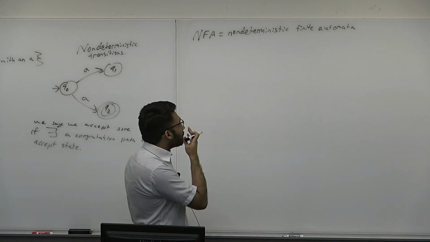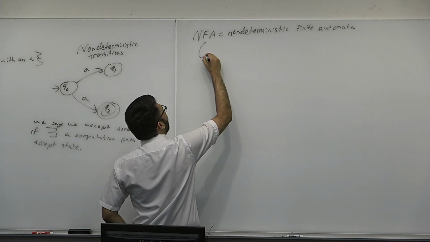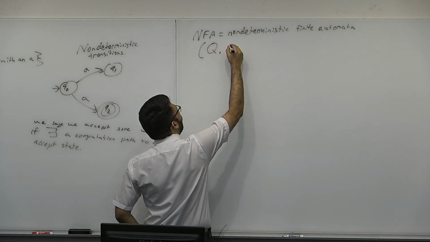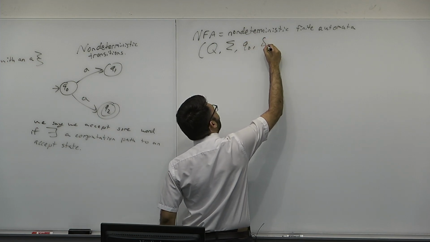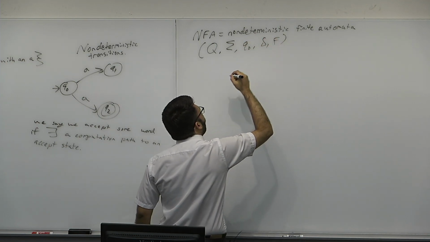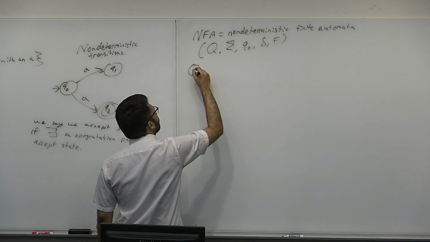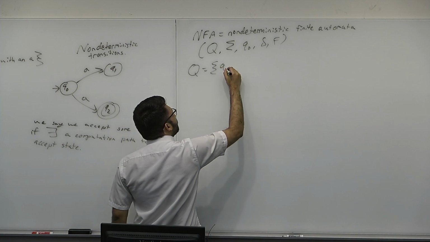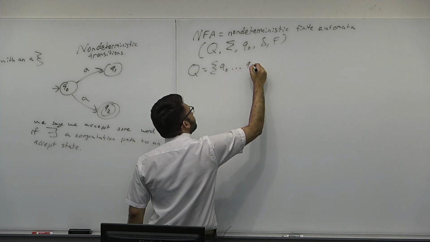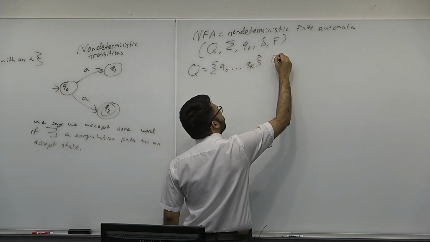So let's go ahead and define the parts. We have Q, sigma, Q0, delta, and F. So what are these going to look like? Q is going to look like some set of states, finitely many of them.